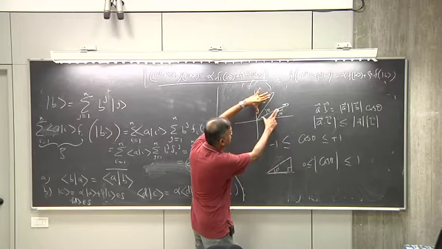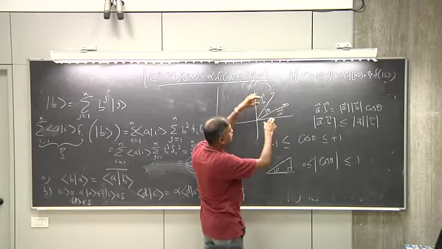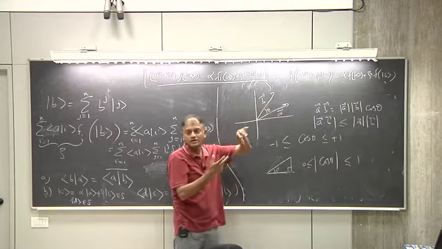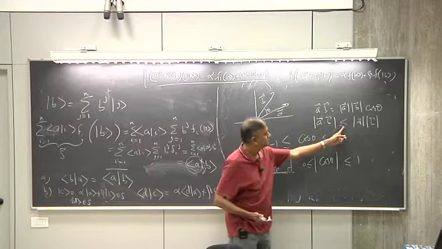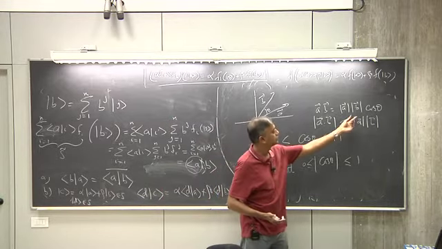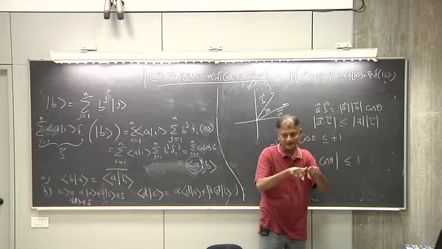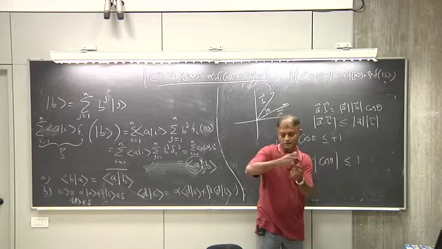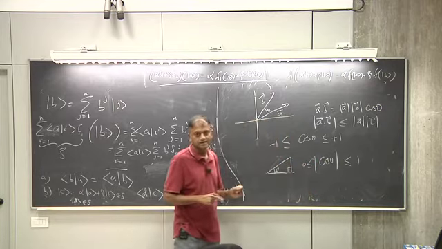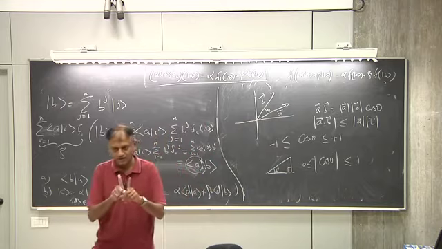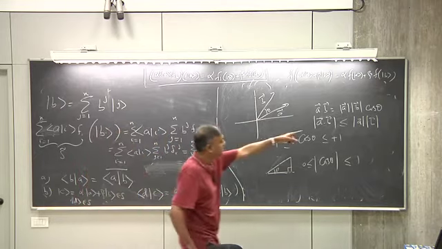The magnitude of the dot product of these two vectors is less than or equal to the product of the two lengths. When will that be equal? It will be equal when cosine theta is +1 or -1, which means that they are parallel, either parallel or in opposite directions. That's the only time when it happens. Otherwise, if there is any non-trivial angle, it will be an inequality.